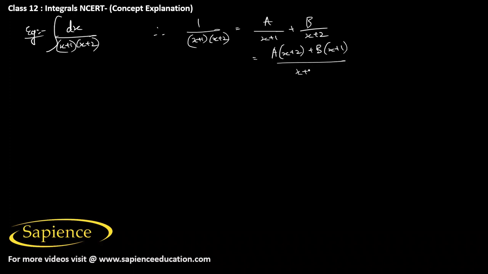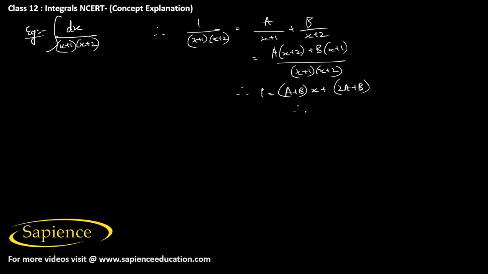So now this 1 by (x plus 1) into (x plus 2) can be written as a by x plus 1 plus b by x plus 2. So now this can be written as a into (x plus 2) plus b into (x plus 1), over (x plus 1) into (x plus 2). So we have to compare the numerators. So 1 will be equal to (a plus b) into x plus (2a plus b).